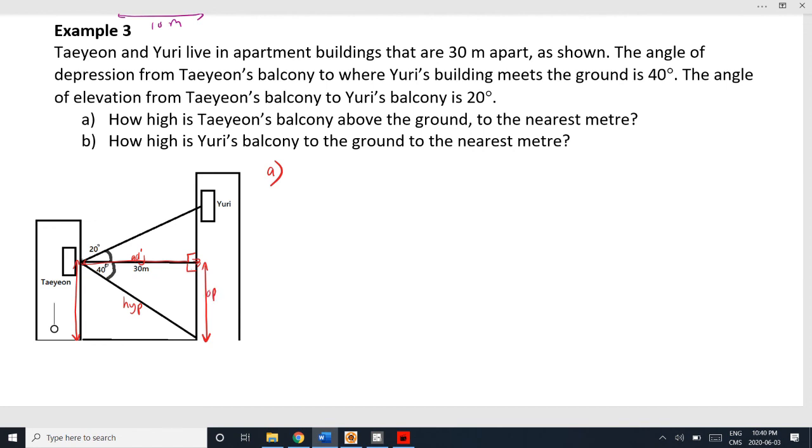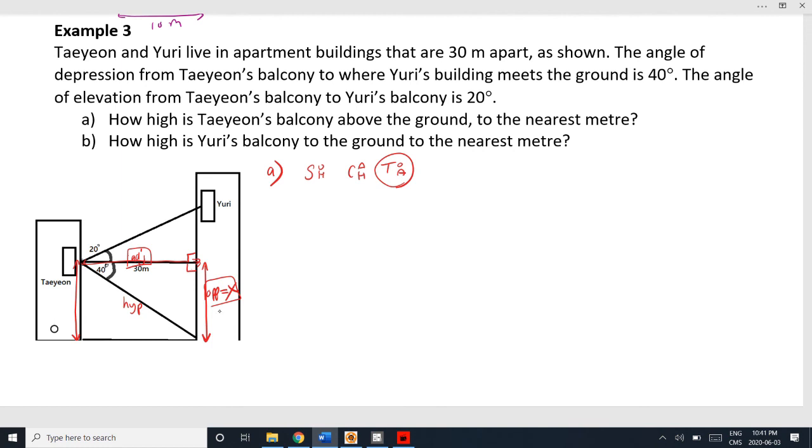Since we're looking for this one, we can call it x, or we can call it op, whatever you like. So we're dealing with adjacent and opposite here. Let's go through SOHCAHTOA. Since we're dealing with adjacent and opposite, that's going to be tan.